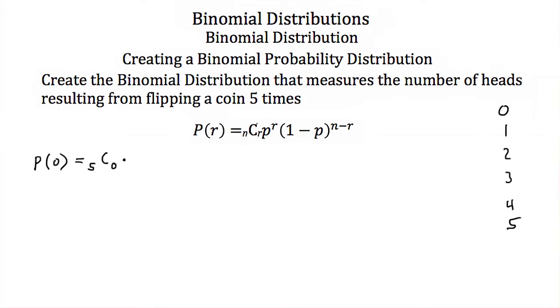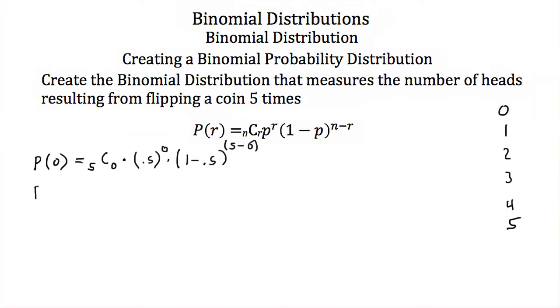Well, you have a 50-50 chance of getting heads when you flip a coin, so this would be times 0.5 to the r power, which would be the 0 power, times 1 minus p, which again is 0.5, to the n minus r power, so the 5 minus 0 power.